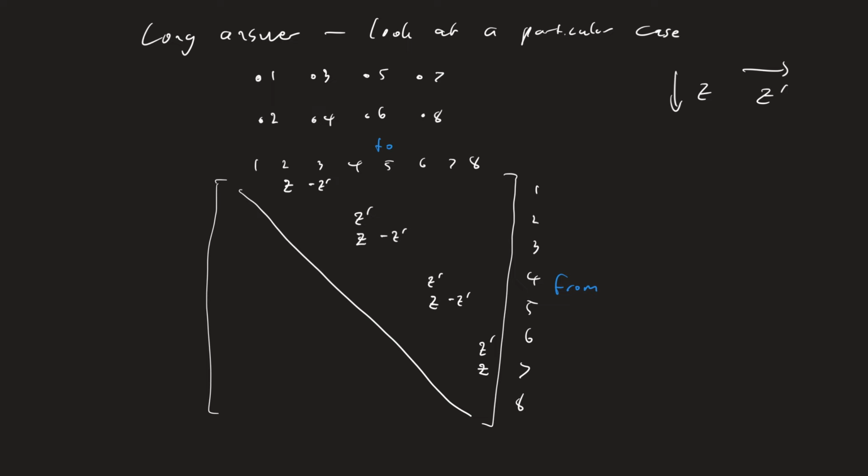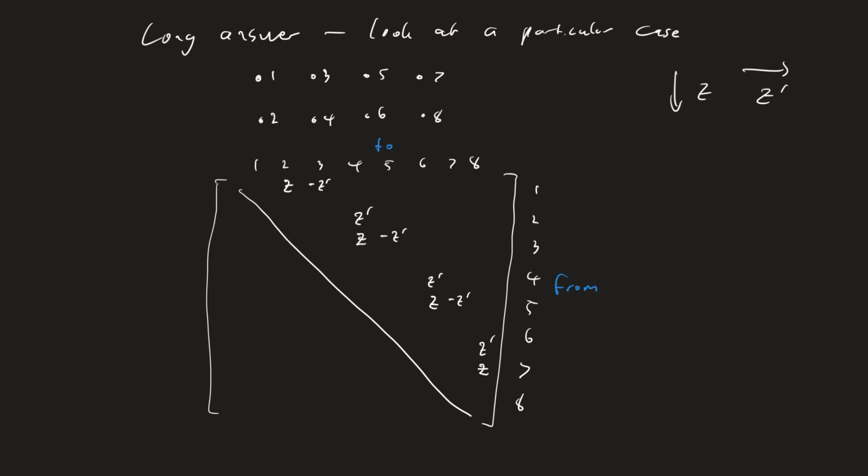For reasons that will become clear presently, associated to the problem of tiling a 2x4 space, we associate this corresponding upper triangular matrix. First, to every point in our 2x4 grid, we associate a number, 1, 2, 3, 4, 5, 6, 7, 8.